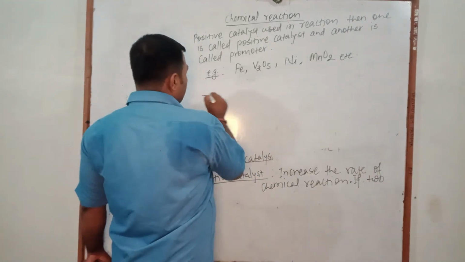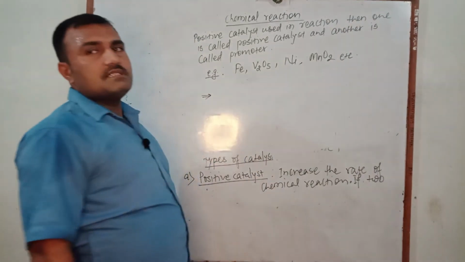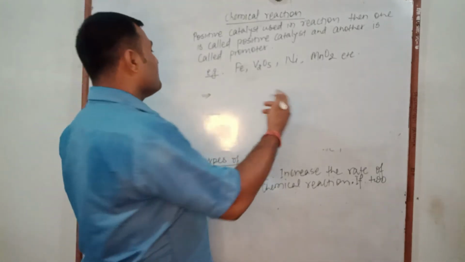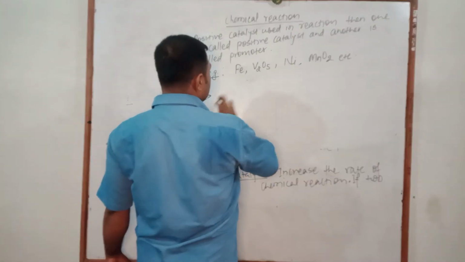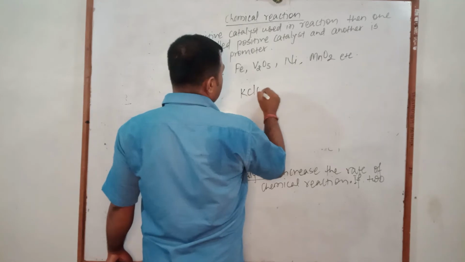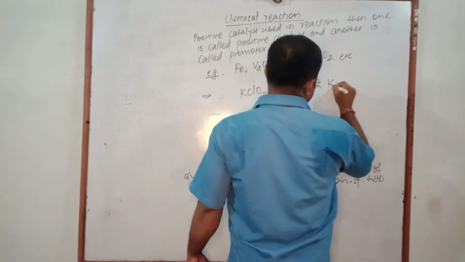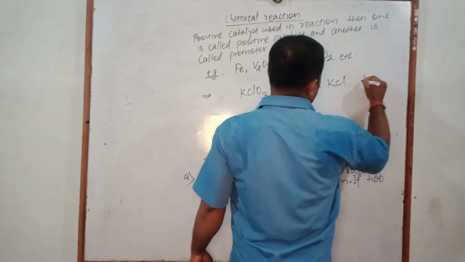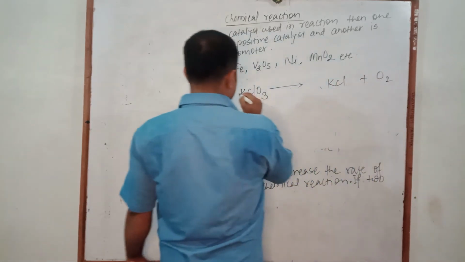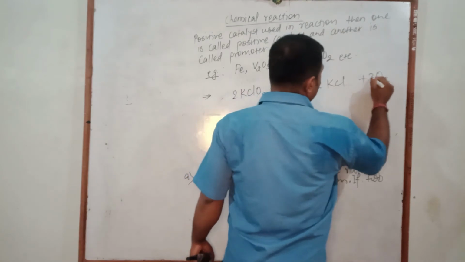We can show the action of a positive catalyst in a chemical reaction. Suppose potassium chlorate is heated; it decomposes into potassium chloride and oxygen. To balance, we write 2 and 3.